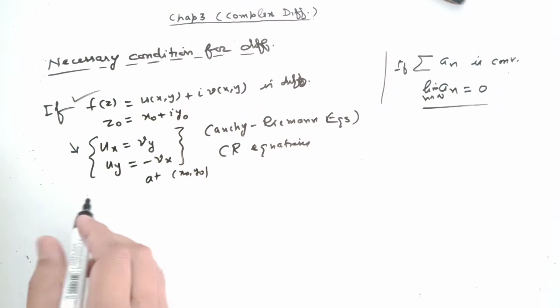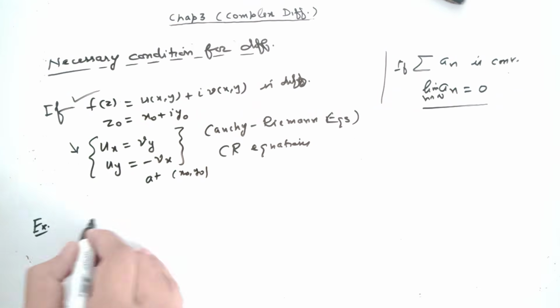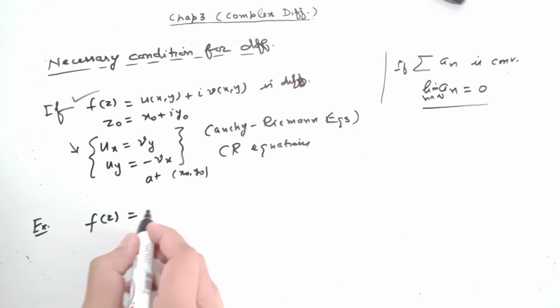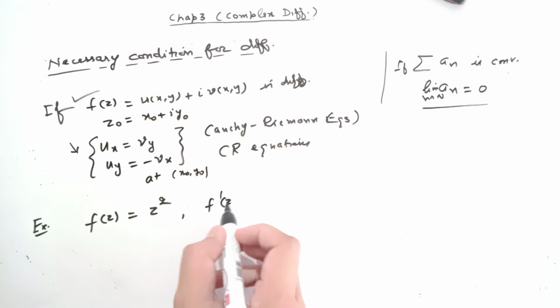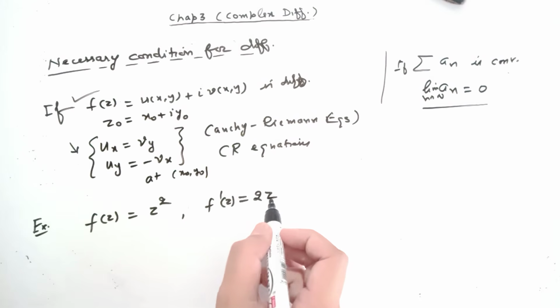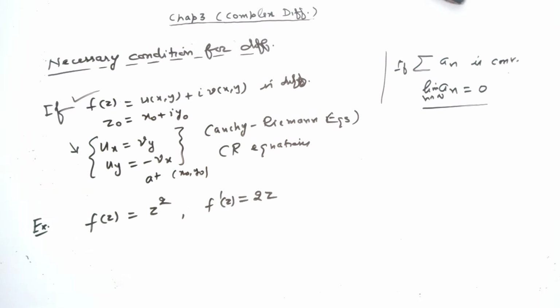So, see this function now. This function is differentiable or not? This is differentiable. Directly you can test it. It's a simple function, f prime z equal to 2z, and you know it is well defined for all z in the complex plane. So this function is differentiable everywhere. Now at every point CR equation should be satisfied in this case. What are u(x,y) and v(x,y) in this case?